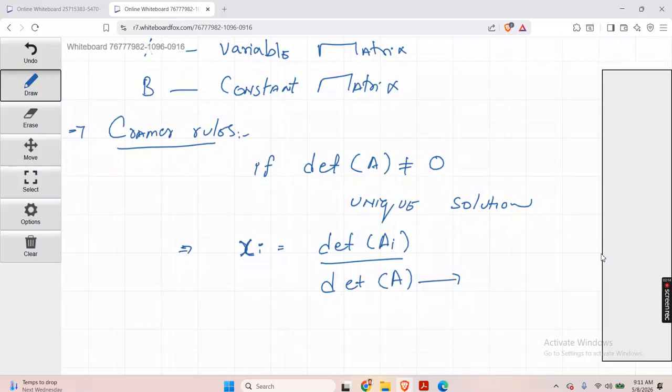This is the main determinant you will get from the matrix given in the question.